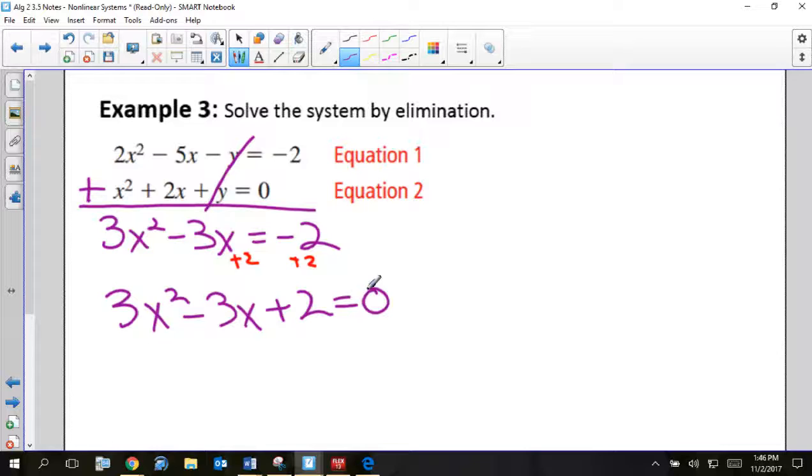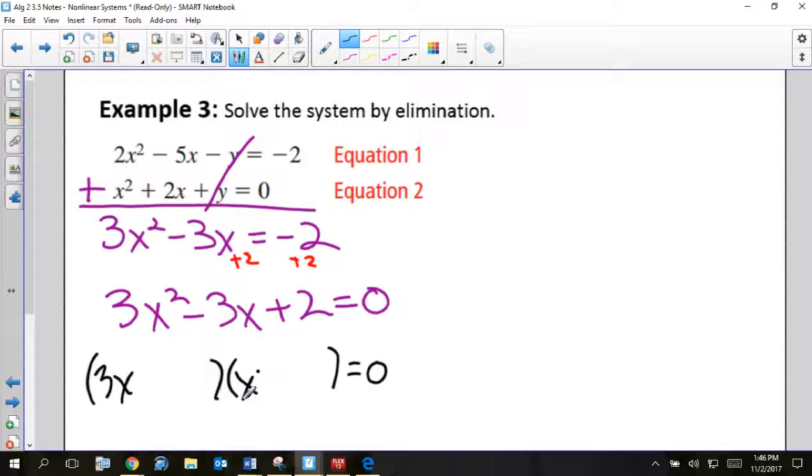That's a trinomial, so I'm going to see if I can factor. Is there a GCF? No. So to get 3x squared, it has to be 3x and 1x. To get a positive 2, they both have to be the same sign.